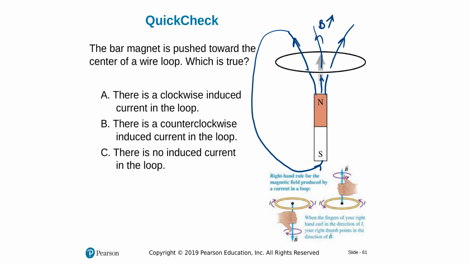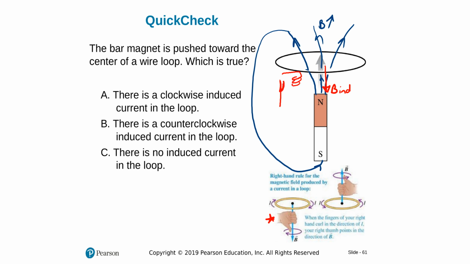What's going to happen to my induced magnetic field? It will be downward. B induced will be down, right? Because it wants to stop that increase. And if I put my thumb down, it will be this situation here. Thumb down. Hard to draw. Roll your fingers. It will be something like that.